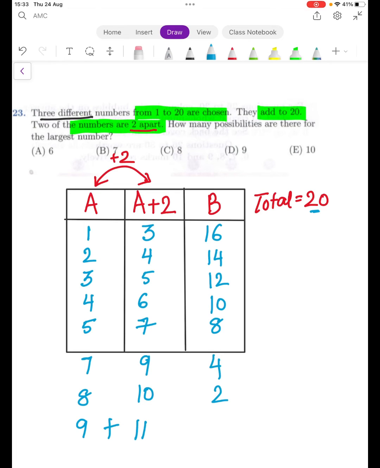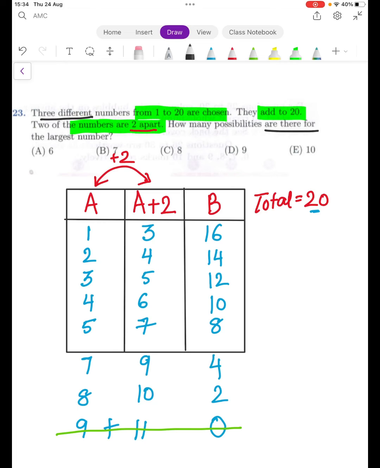And that's already 20. 11 plus 9 is 20. And we do not have a 0 as the third number. So actually, any number bigger than 9 will not work for us because that will already add up to more than 20. So these are only the scenarios which are possible.